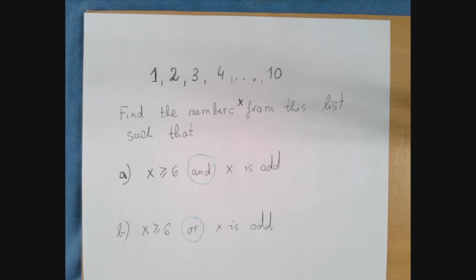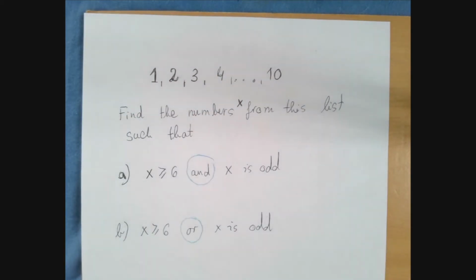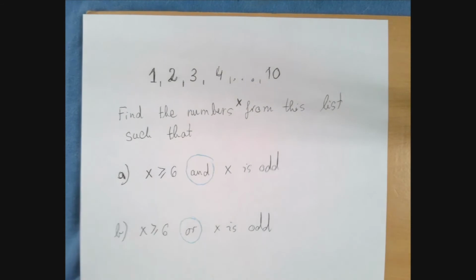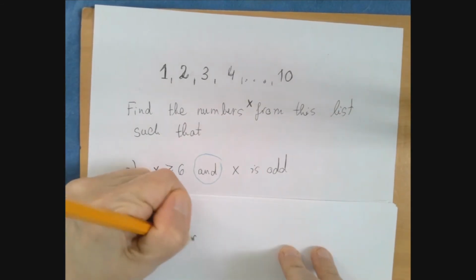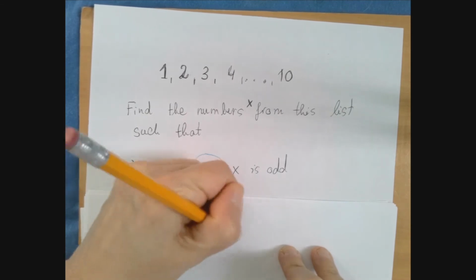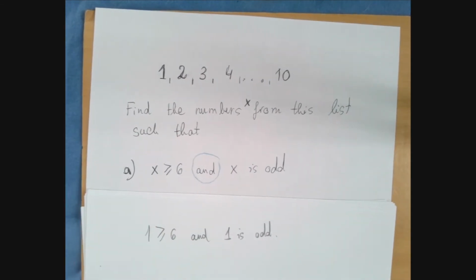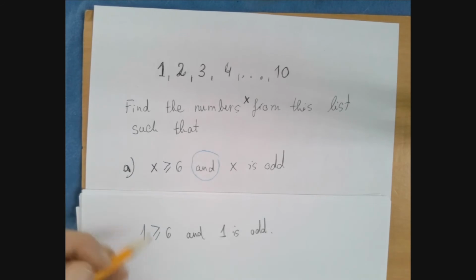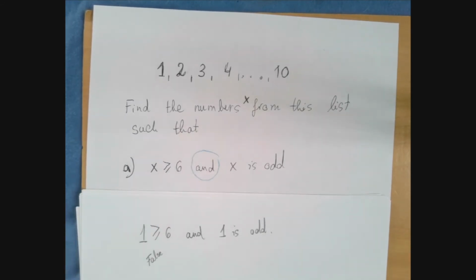Let's say you're solving this problem first. We can test all the 10 numbers. It's just 10 numbers, not that many. So 1. If we put 1 into X, 1 is greater than or equal to 6 and 1 is odd. Is this a true statement or a false statement? Well, this statement here is false, right? 1 is not greater than or equal to 6, and this one is true.